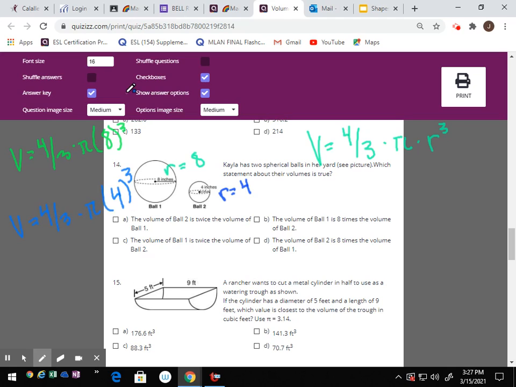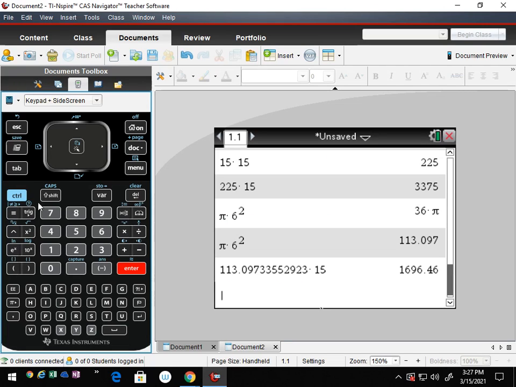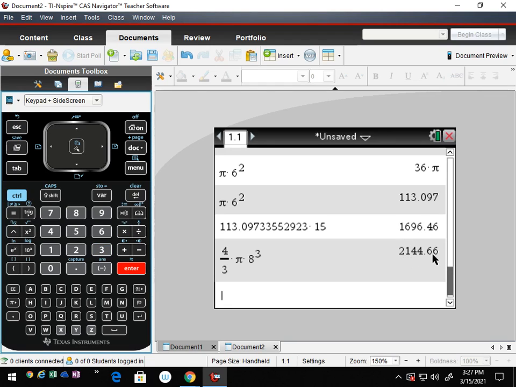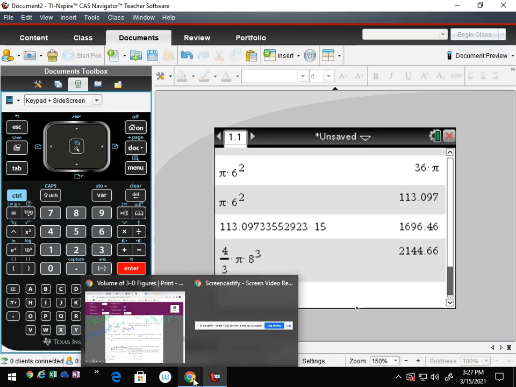All right. So let's plug these into our calculator. We have 4/3 times pi times, for ball 1, our radius was 8, and then we need cubed. So here's our volume for ball 1. It's 2,144.66.